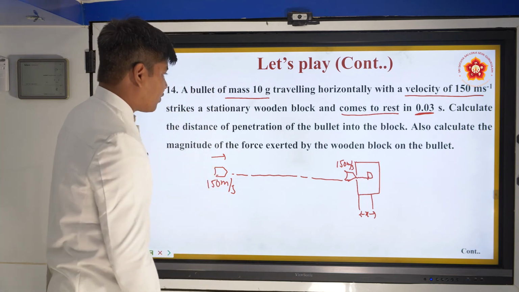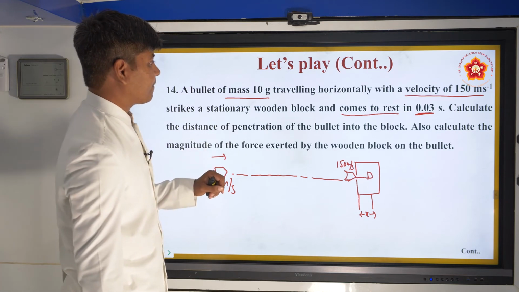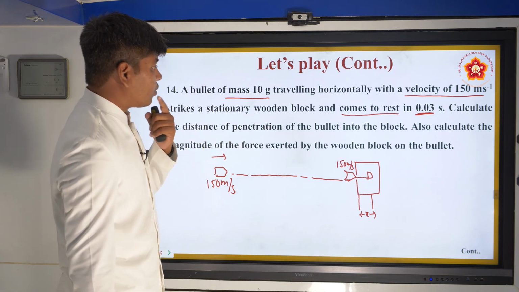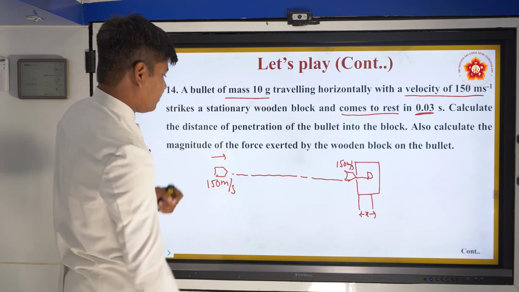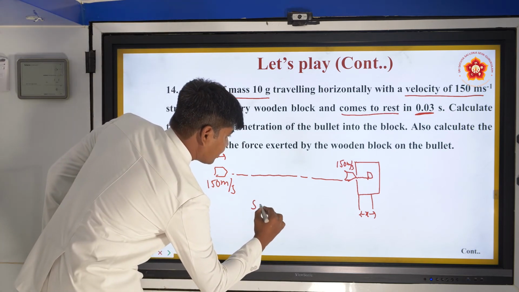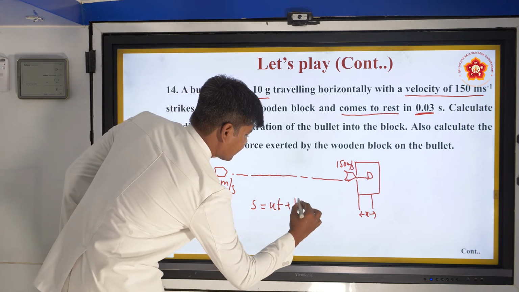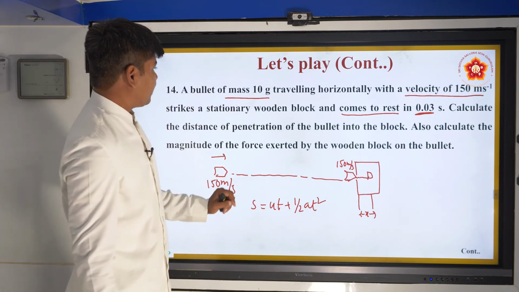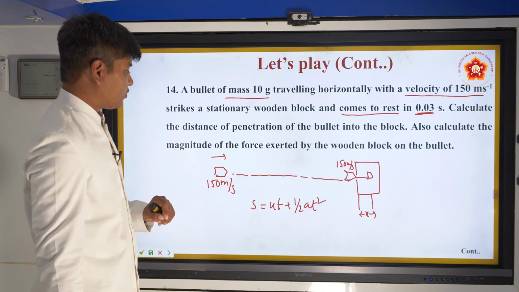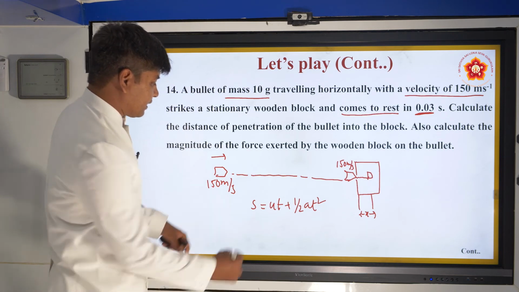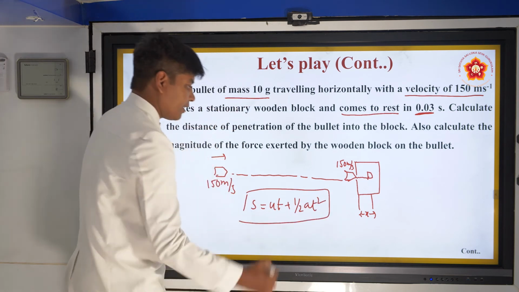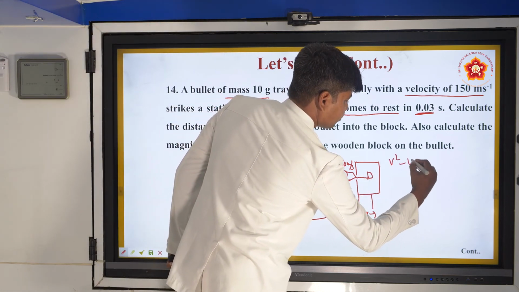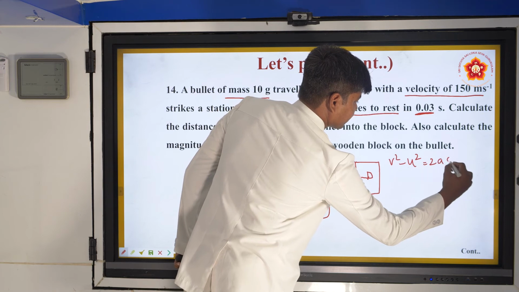What will be the deceleration? You have the time, but you don't know the distance. So how can you calculate? S is equal to ut plus half at square needs S here. You know the initial velocity and the final velocity, but now you need S, so this equation doesn't work for us. The next equation is V square minus U square is equal to 2AS.